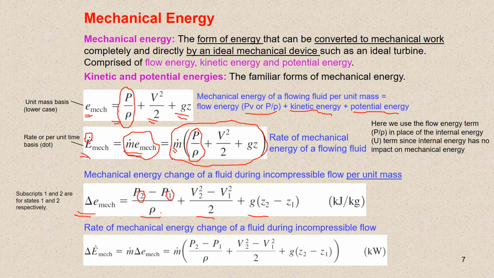And the rate of mechanical energy change of a fluid during incompressible flow, denoted by delta E dot mechanical, is equal to m dot times the change in e_mech, which is equal to m dot times the pressure difference divided by rho, plus the velocity difference squared divided by 2, plus gravitational acceleration times the difference in height, z2 minus z1, and the answer comes in kilowatts.